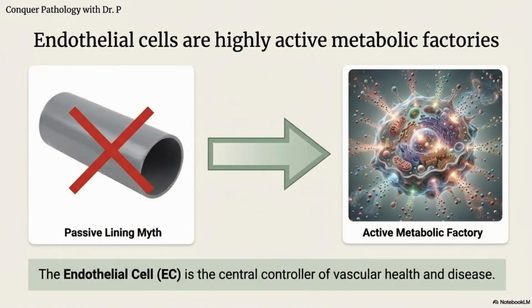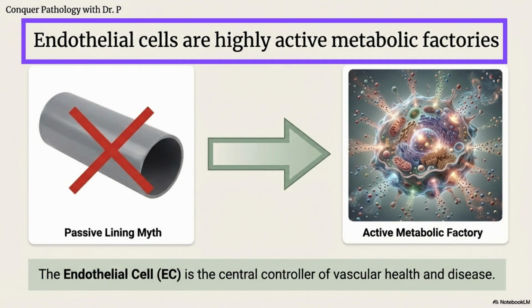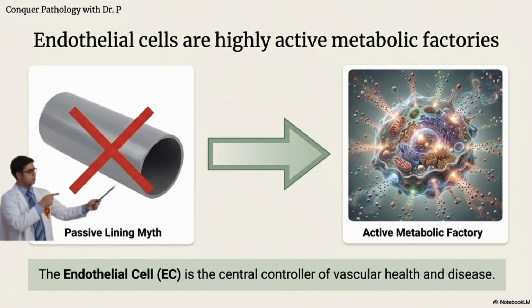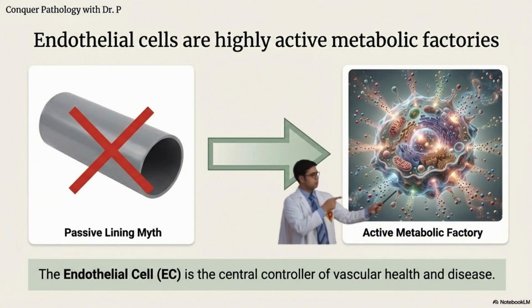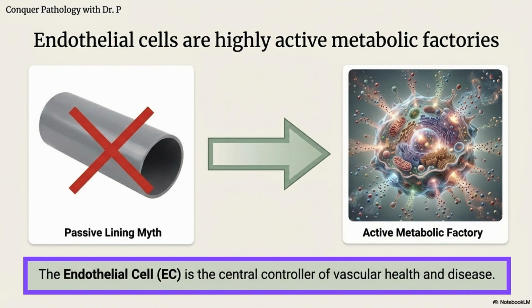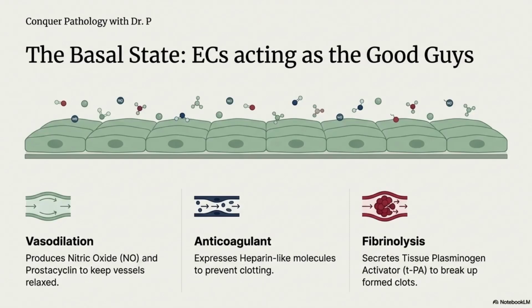Now let's shift our focus entirely back to the inner lining on this next slide. Endothelial cells are highly active metabolic factories. We need to bust the passive lining myth. They are not just plastic tubes, they are an active metabolic factory. In fact, as it says right here, the endothelial cell is the central controller of vascular health and disease. Let's look at what happens when these cells are healthy.